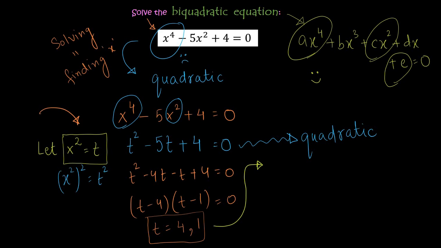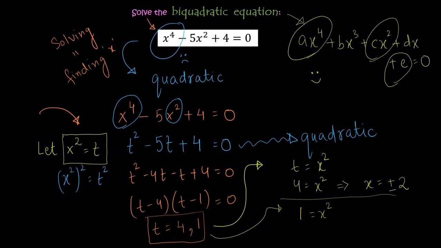So t equals x square. That means 4 equals x square, which implies x equals plus or minus 2. And if my t is 1, x square equals 1, which implies x equals plus or minus 1.